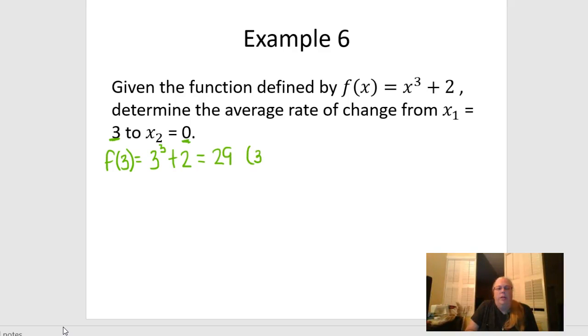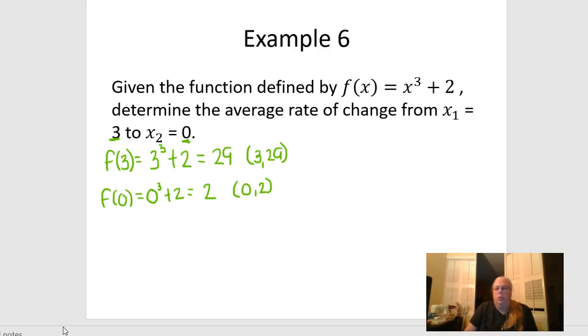That means this point is at positive 3, positive 29. Now let's try 0. We got 0 to the third plus 2. 0 to the third is just 0. 0 plus 2 is 2. That means this point is going to be 0 and 2.